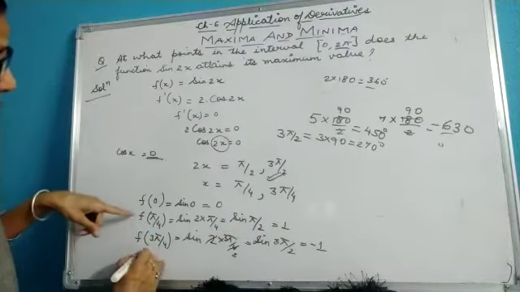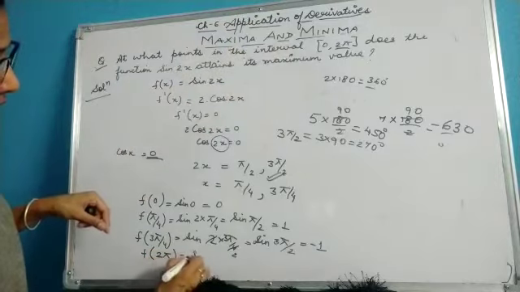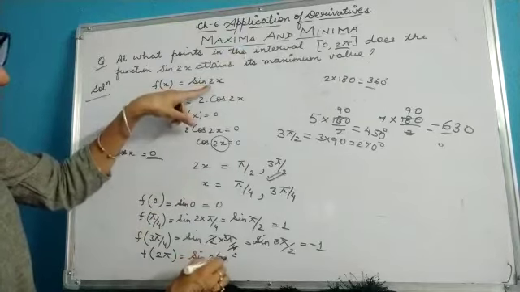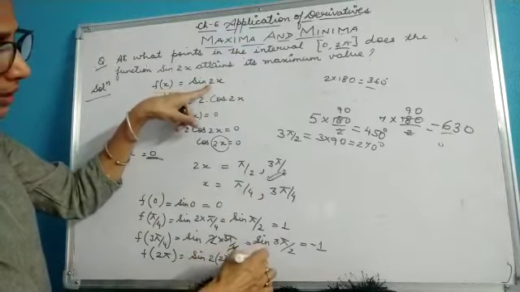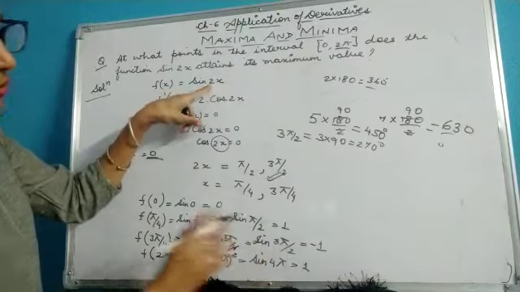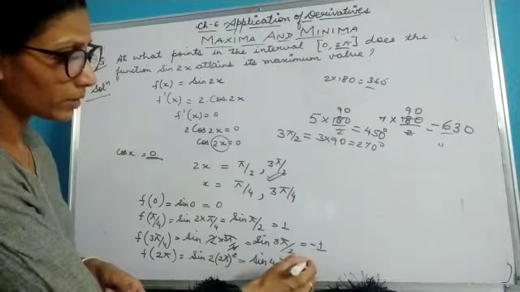Then let's check it for 2 pi. So write 2 pi over here, and then twice of it. This is sine 4 pi, and sine 4 pi is coming out to be 0.